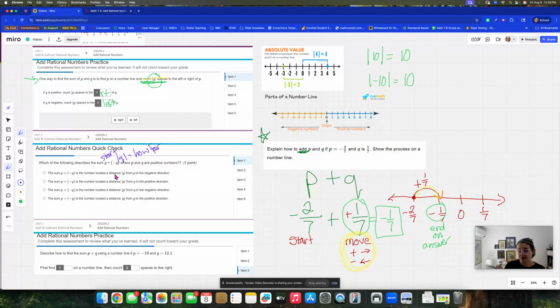And then the sign of it tells us whether we're going to move left or right. Remember the number line. If you go to the right, that's where positive infinity is. If you go to the left, that's where negative infinity is.